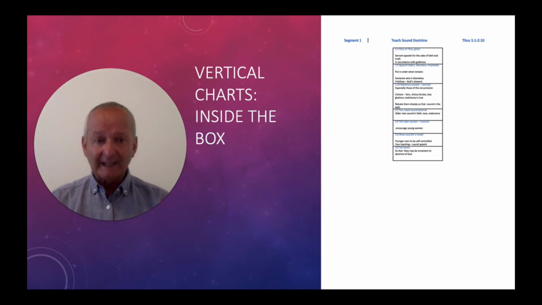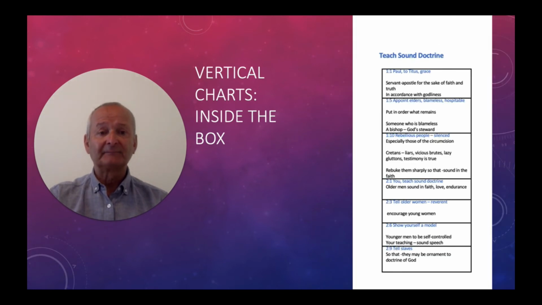And again, inside the box, we want you to put further observations and we want you to use words from the text. This is an example close up, and what you can see there is that I've added further observations from the text inside the boxes.